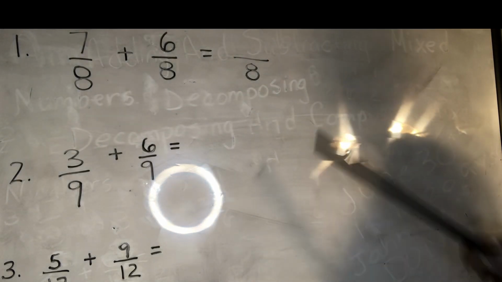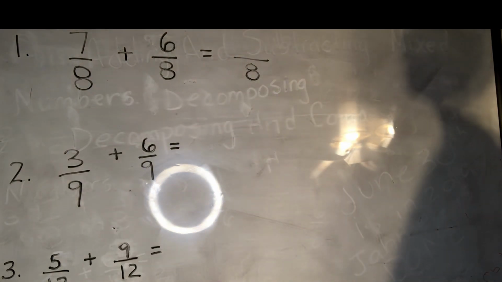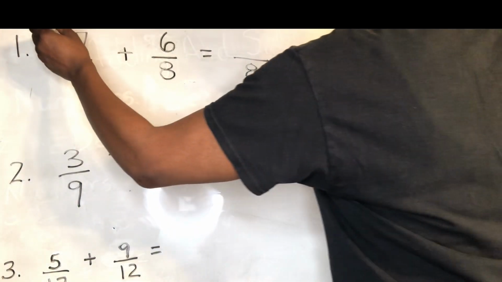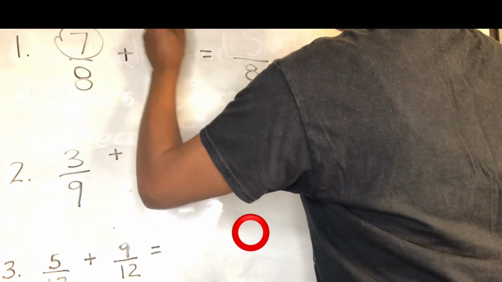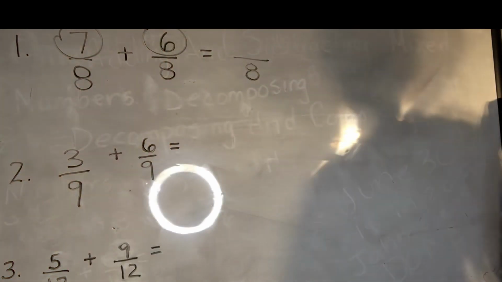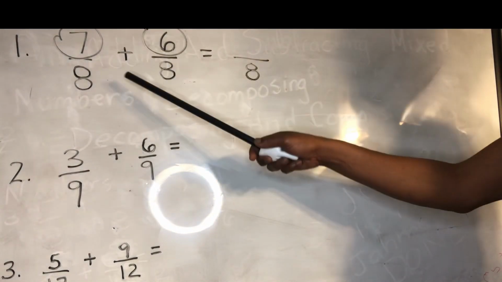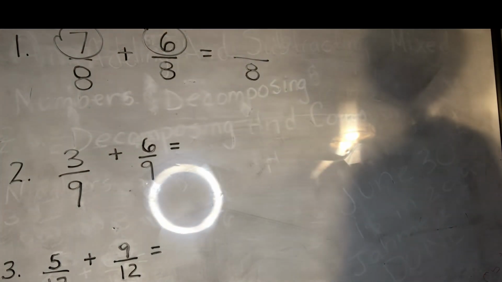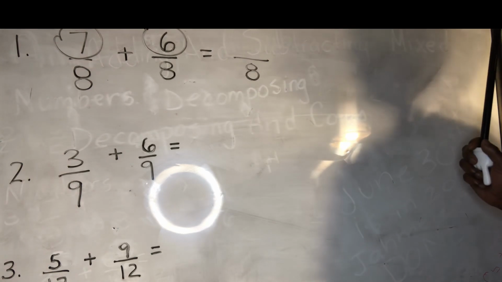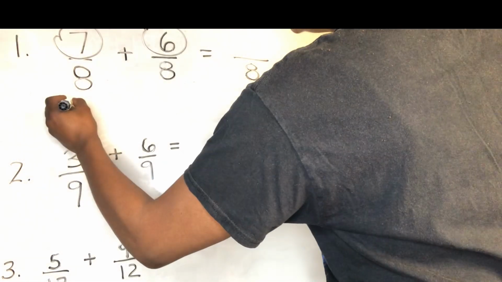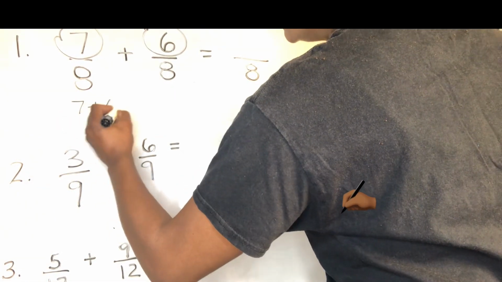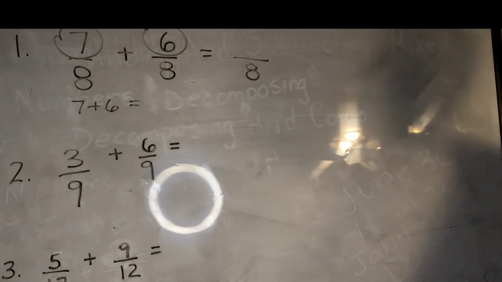Now that we have our denominator set, we can go ahead and circle our numerators. Again, this provides us with our exact number sentence that we need to write so we can solve for our numerator's answer. So we're going to then write 7 plus 6 equals, and then we're going to do that math.